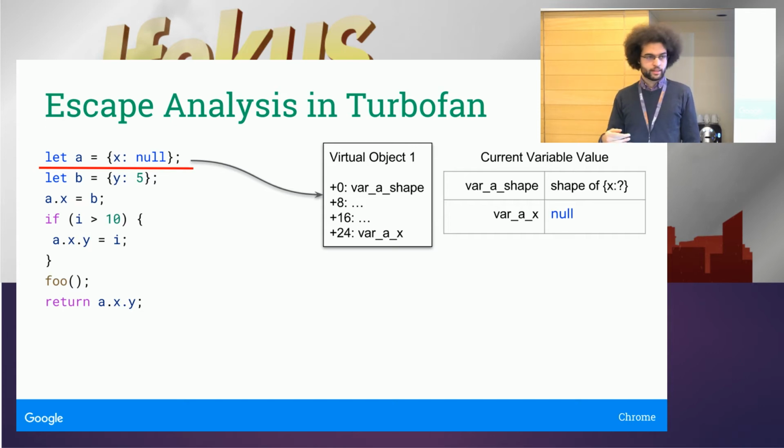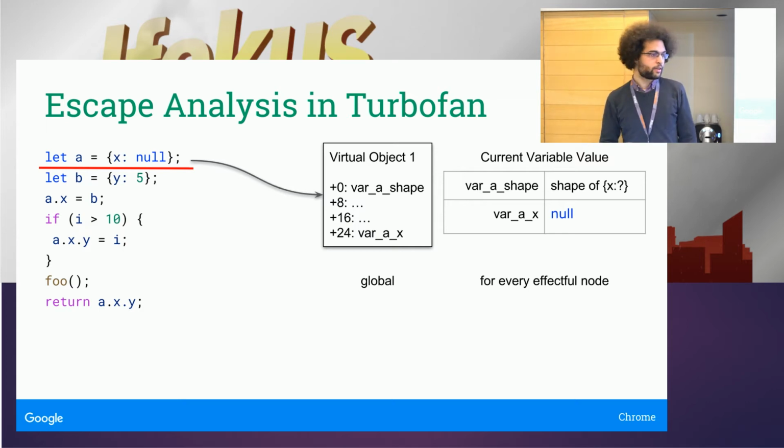The fields we map directly to something like local variables. Actually, these local variables are just a side table that maps them to their current value. So the virtual objects are global for the complete analysis, whereas the current value of the variables is something we have to keep track of.